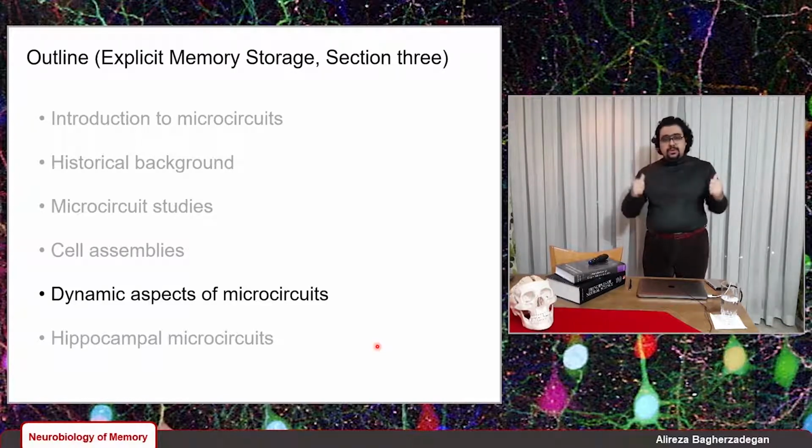Well, I told you that those canonical microcircuits that I introduced in the previous lecture have two problems. First of all, they're not very successful in demonstrating the structural complexity of real microcircuits.